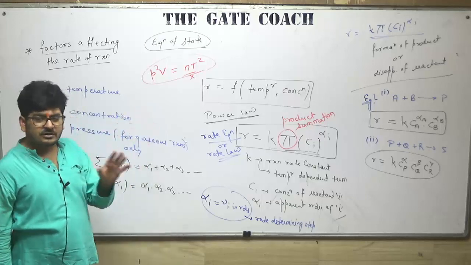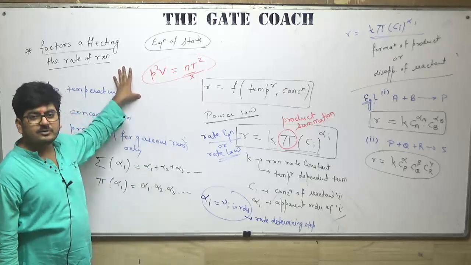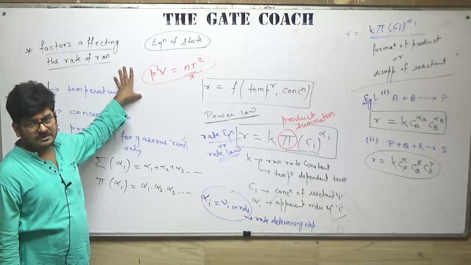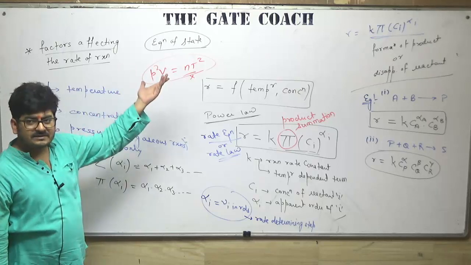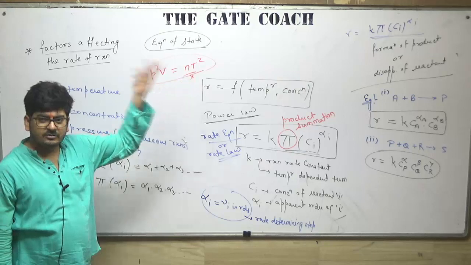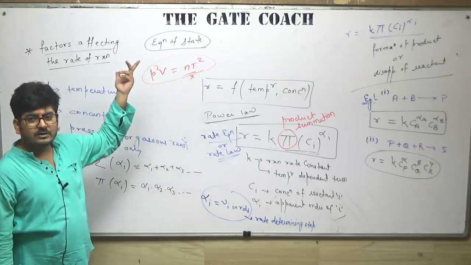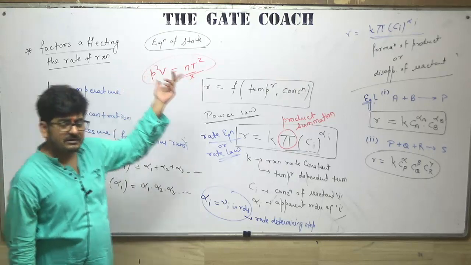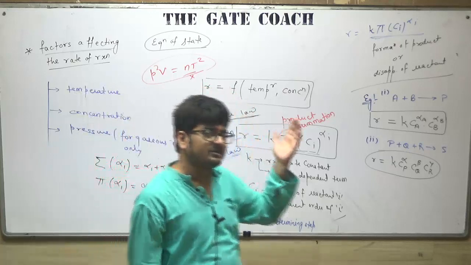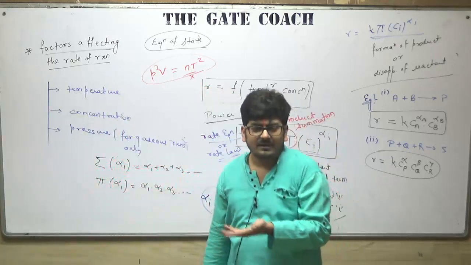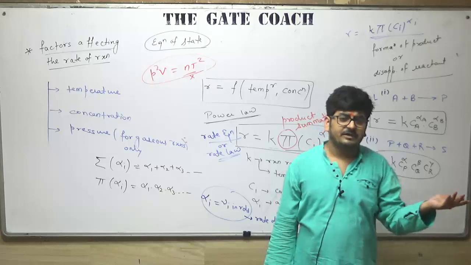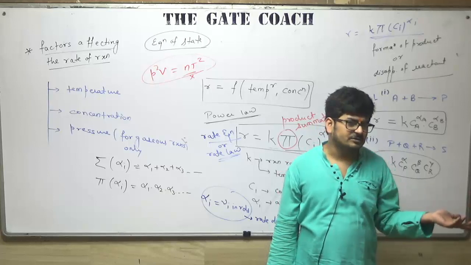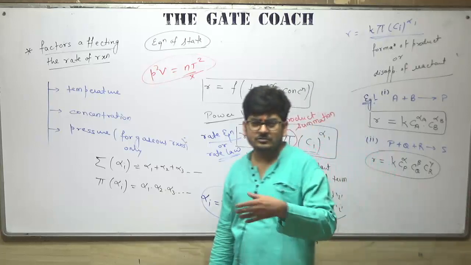So whatever is your name, let's say Ketan, then this will be known as Ketan's equation of state. Like for the ideal gas equation of state, we have PV equals nRT. For the van der Waals equation of state, we have (P plus a over V squared) times (V minus b) equals RT. Similarly, virial equation of state means PV equals ZRT and so on. So many things are there.